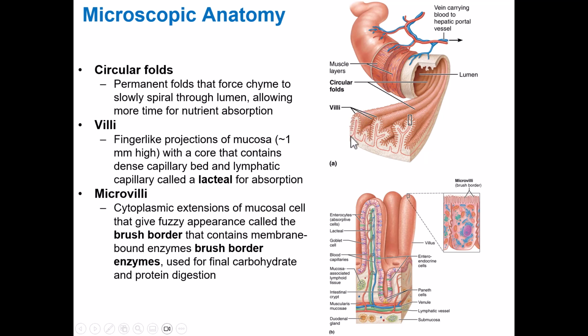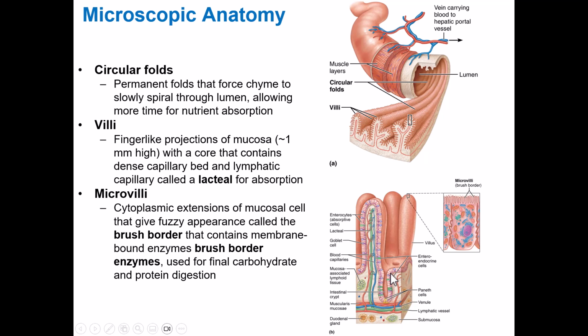And what you can see, and this is what you can see in figure B as well, is a villi or a villus. So a villus is an extension of that mucosal lining, and there are cells lining that villus, and you can even see next to that villus there's a crypt.